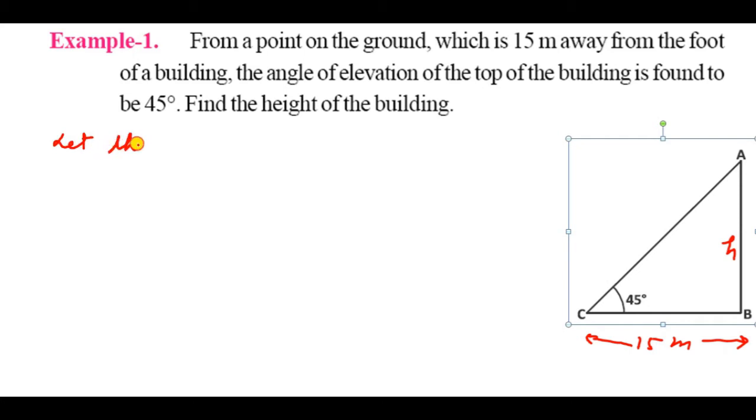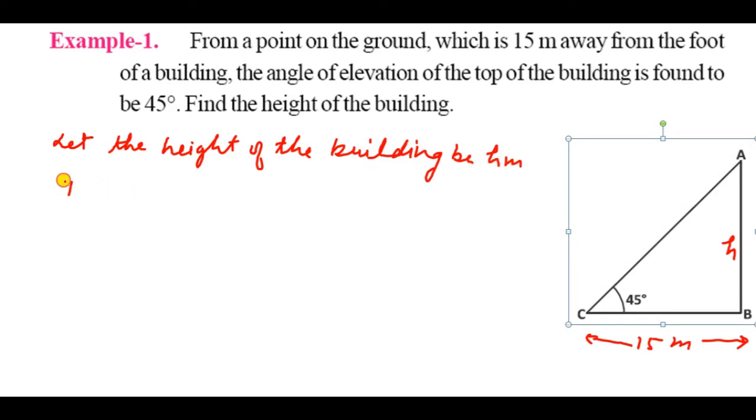Let the height of the building be H meter. Now in triangle ABC, taking tan 45 degree, what will happen?